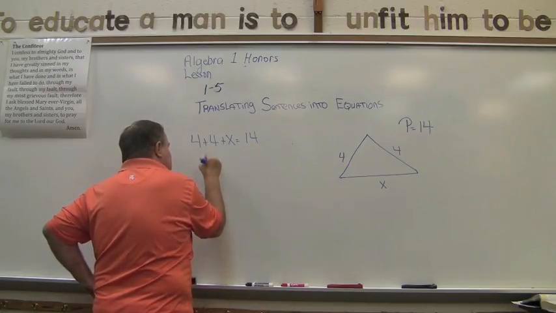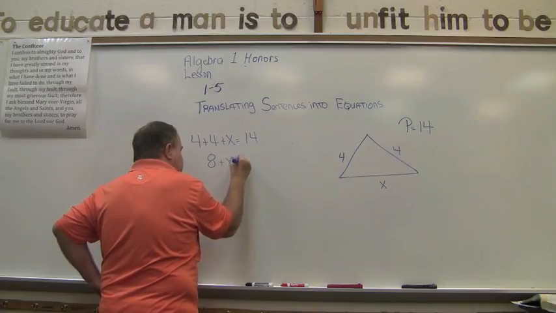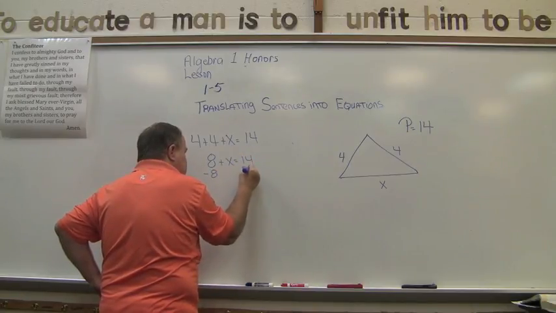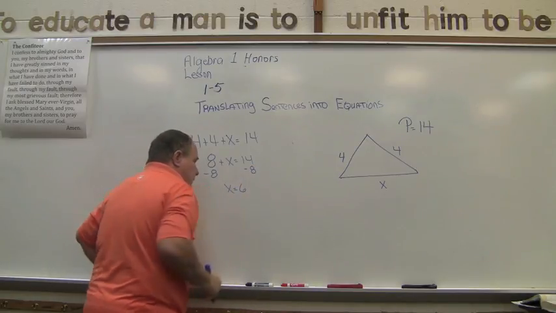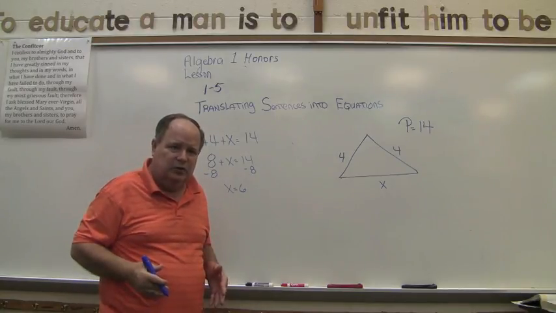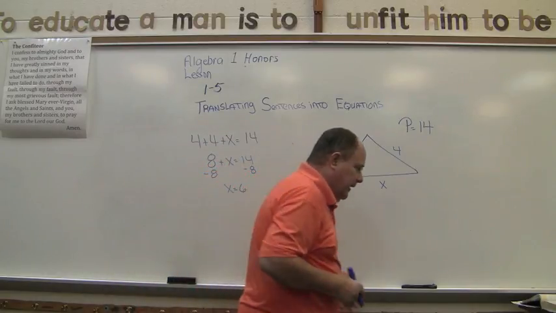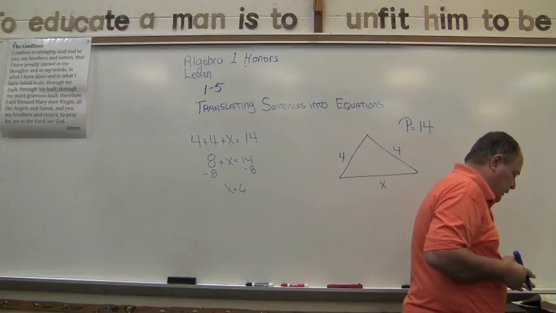Okay, now we have to solve. 8 plus x equals 14. We subtract 8 from both sides, and it comes out to be x will equal 6. Okay, this is unique because we're converting a diagram into an algebraic equation. Okay, very good. Now, there's a few rules.